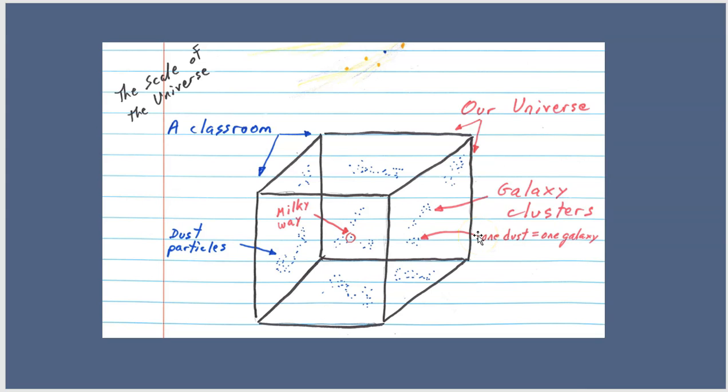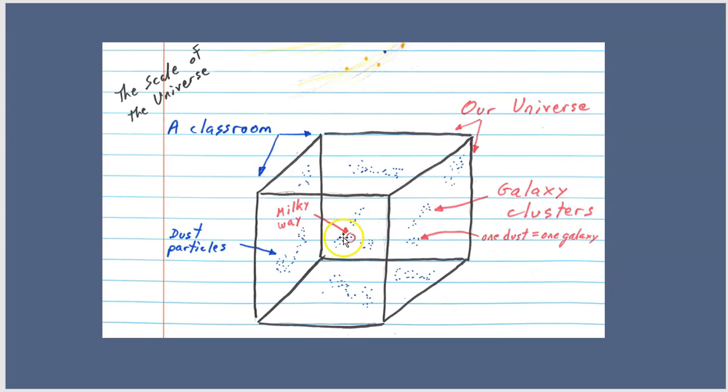To get a sense of the scale of our universe, imagine this cube would be the size of a typical school classroom. And let's say then that the classroom was the extent of the entire universe. Well, one little dust particle floating in the air in that classroom would be an entire galaxy.